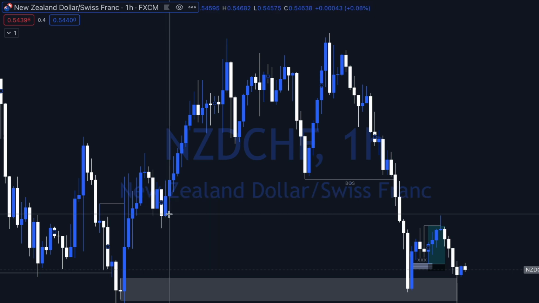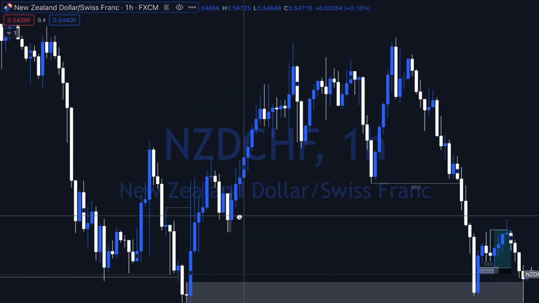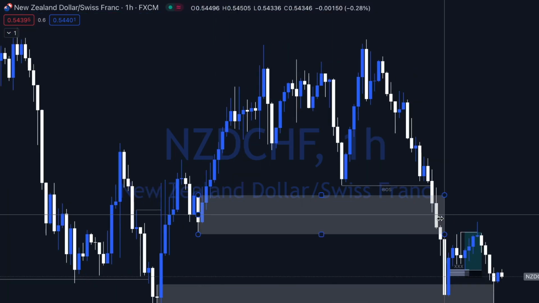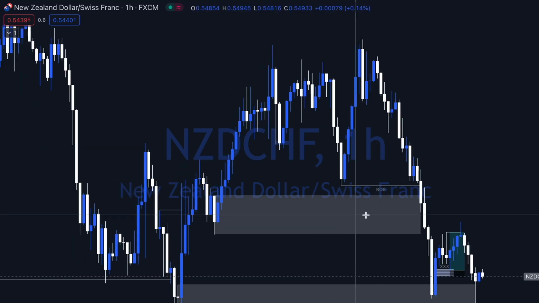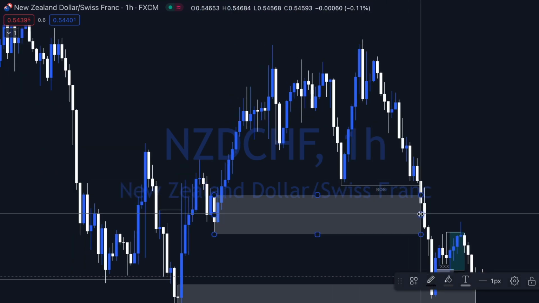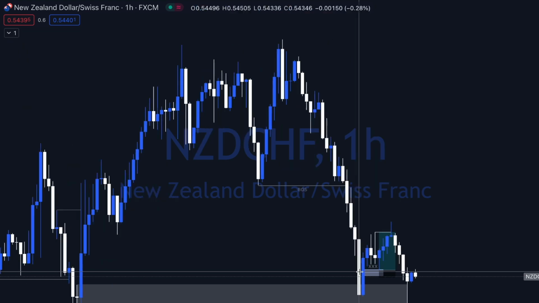So we blew past this demand zone, which was right here, which I was looking to buy from, but we broke structure and blew past it. So when we came down here, I was looking for a reaction out of this area.